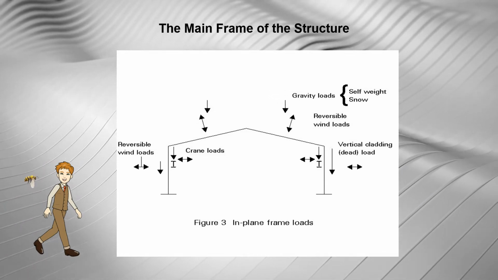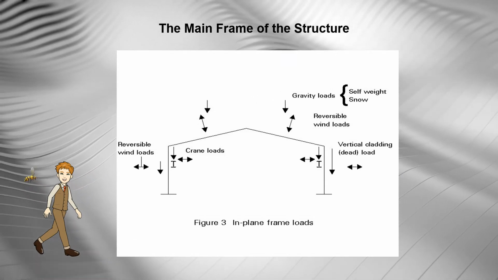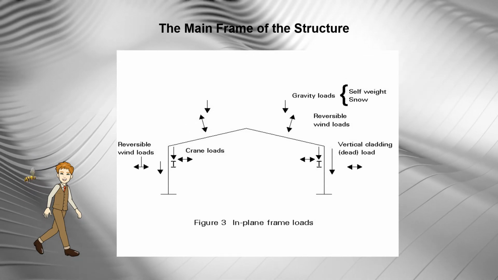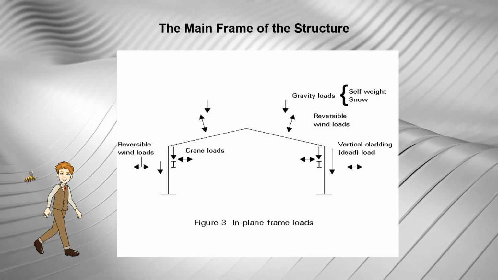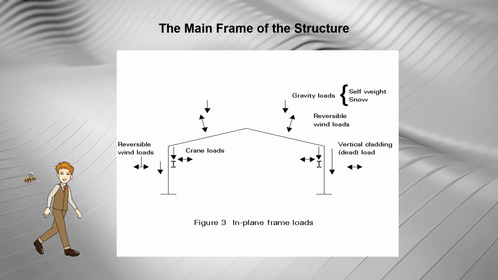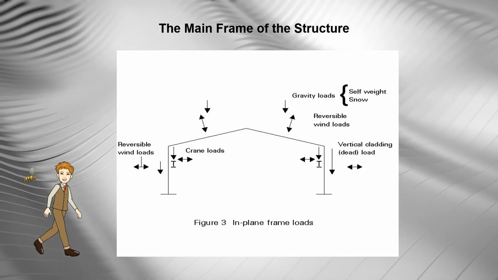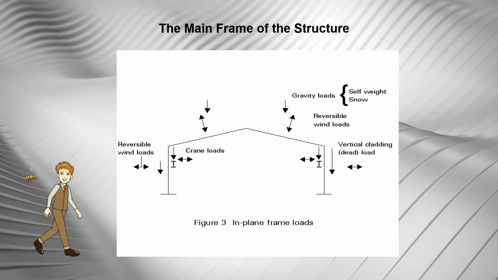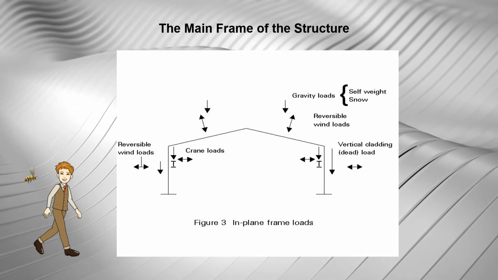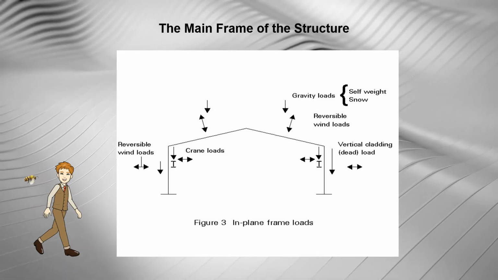Number 2, the applied loads from services and so on. Number 3, the vertical and horizontal loads from cranes. Number 4, the loads from the rain. Number 5, the loads from the wind. And number 6, the load from the earthquake effect in some areas.